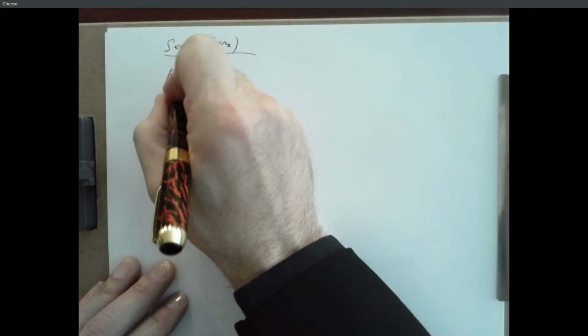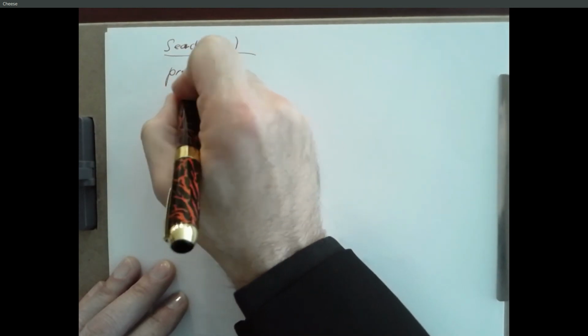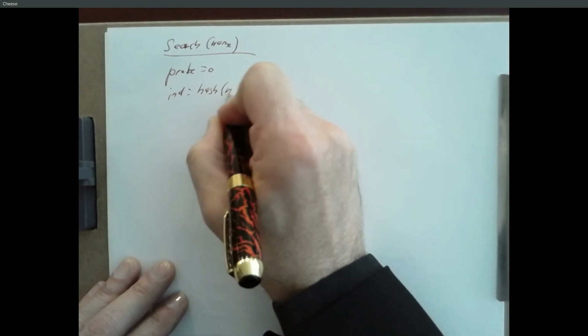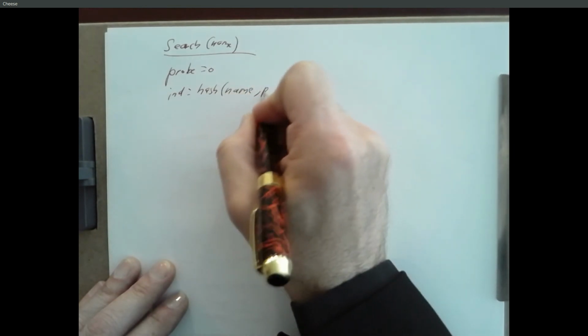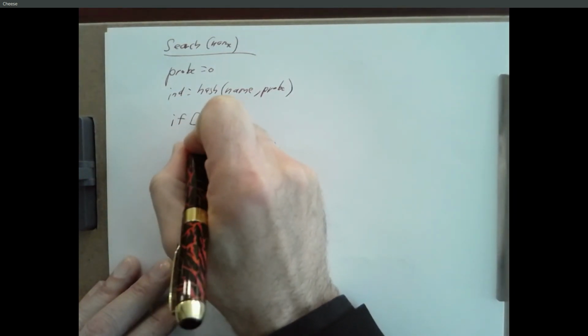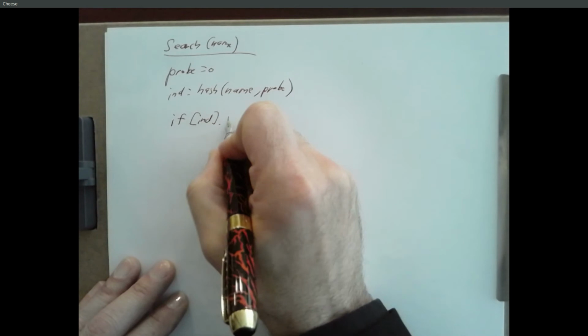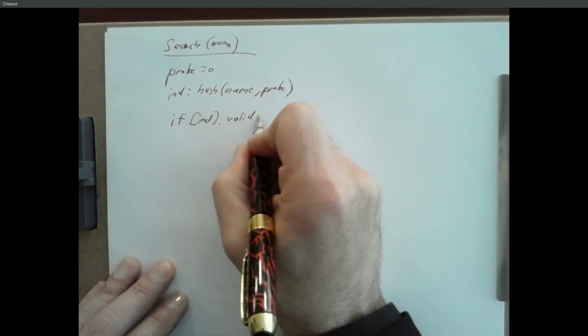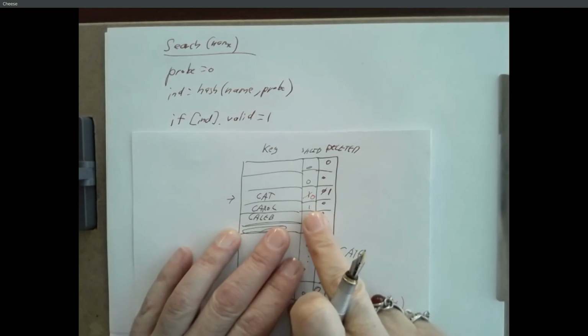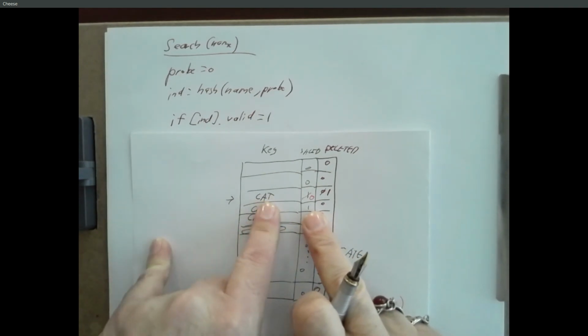Well, again, start off with a probe of 0. Hash that. Okay, if the valid flag is set, it means this is actually a name in here.